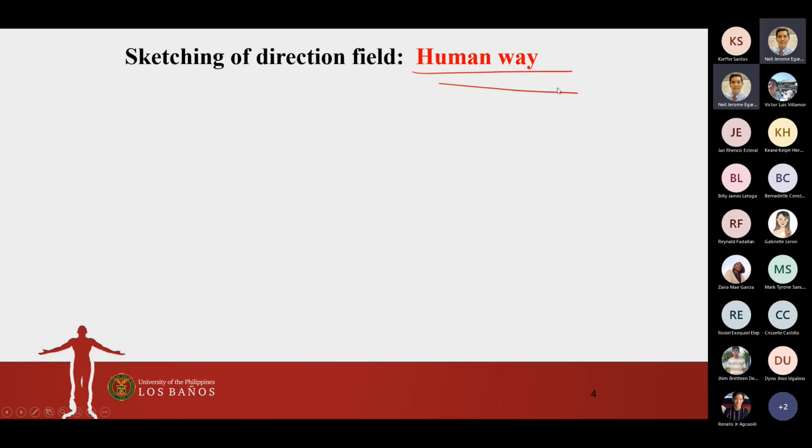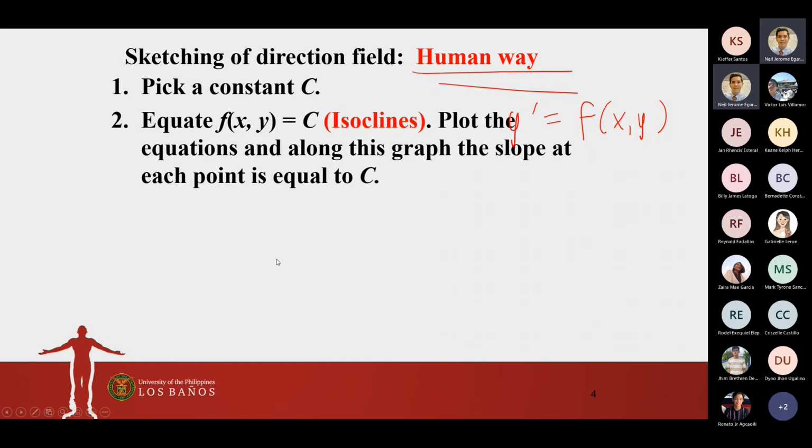Ano? Paano-mano. Una, kung meron tayong given y prime equals f of x comma y, right? What we'll do is to pick a constant c. Kasi ang gagawin ko ay bubuin ko yung c equals f of xy.